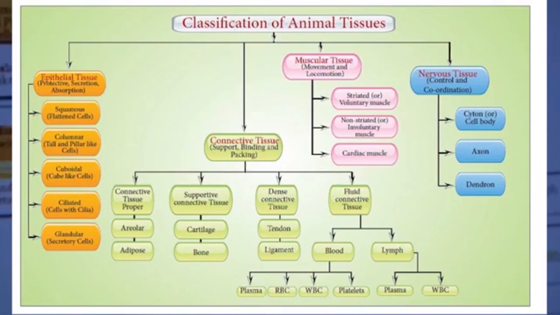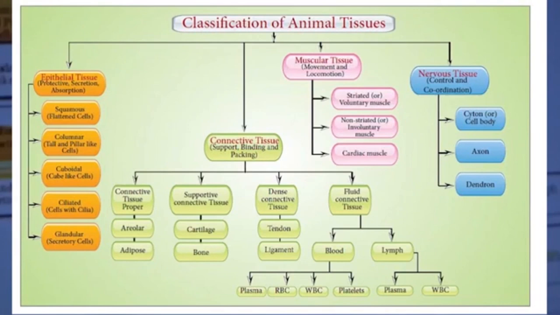Children, the tricep and bicep muscles are attached by thicker, denser tendons, so they are meant for supportive tissue. And then fluid connective tissue is blood and lymph.